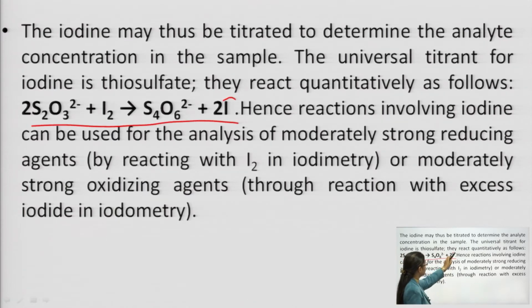Hence, the reaction involving iodine can be used for analysis of strong reducing agents when they are reacting with I2 in iodimetry, or oxidizing agents when they are reacting with iodide or iodate in iodometric titration. When they are reacting with salts of iodine, not iodine solution, there are several oxidizing agents which can serve as analyte in iodometric titrations.